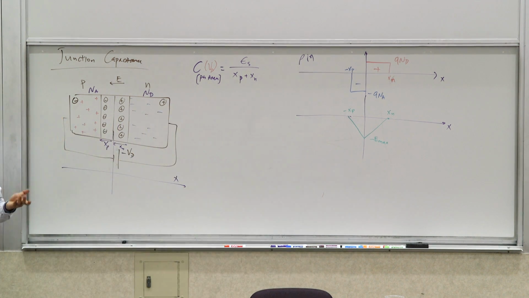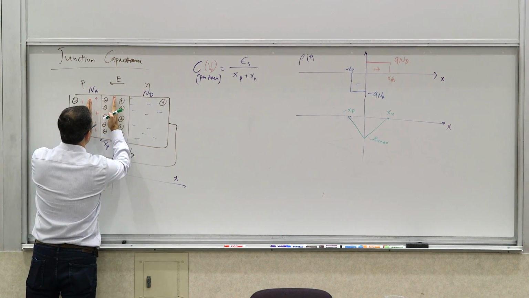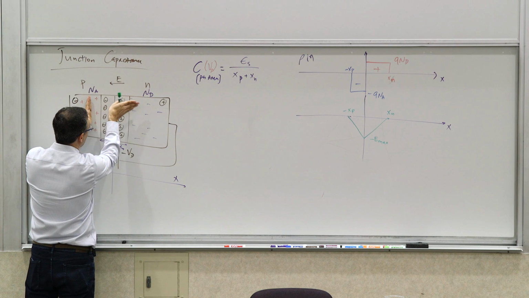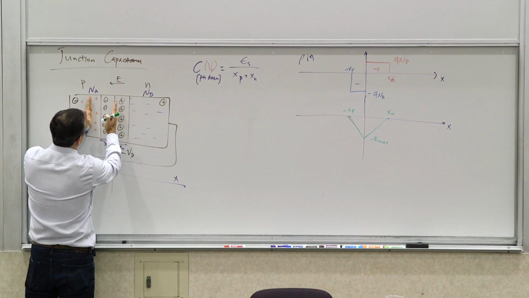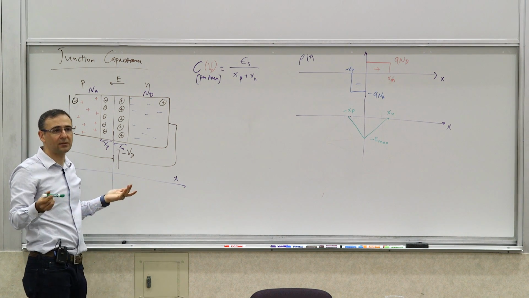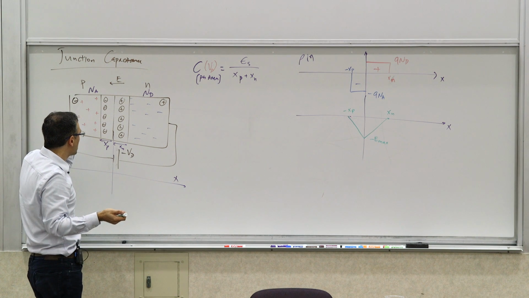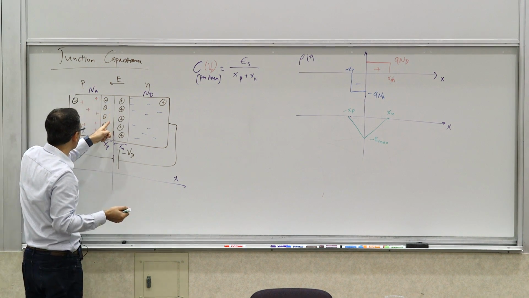Well, you can do it from Gauss's law, right? From Gauss's law, if you form a Gaussian surface, one on this side and one on the other side, and the electric field is going in this direction only, what you have is 0 here. So this is basically the electric field here. It would be sigma, the total charge density, divided by epsilon, right? So what is sigma, the surface charge density?